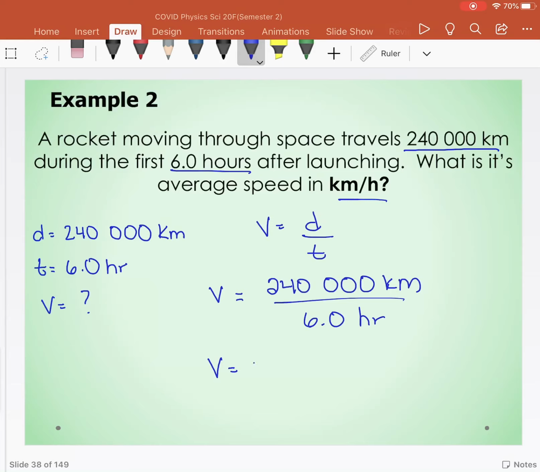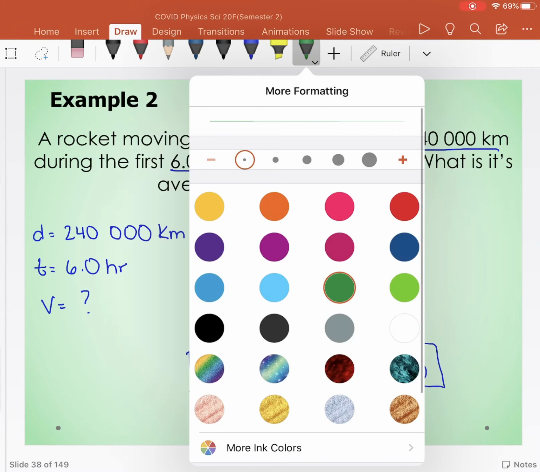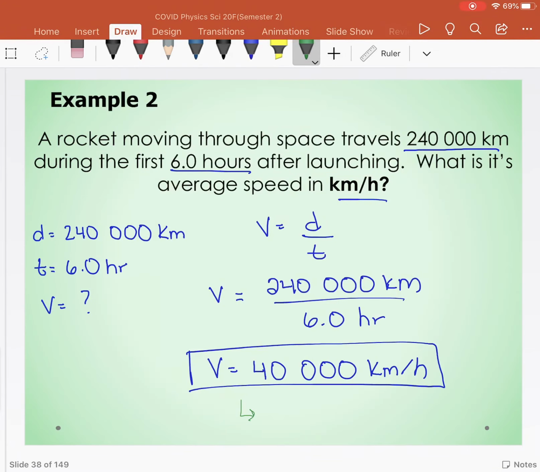That's going to give me 40,000 kilometers per hour. Now, if we wanted to practice with some scientific notation, I could convert that to scientific notation by going 4.0 times 10 to the power of 4 kilometers per hour. So just to get the hang of that.